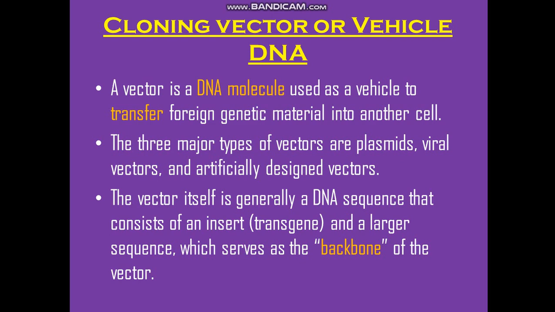So a vector basically comprises two major things: a backbone, that is the DNA of the vector itself, plus it has been converted into a recombinant DNA by adding the DNA insert. Clear? So a vector is carrying our isolated DNA to the host. I think this must be clear to all of you.